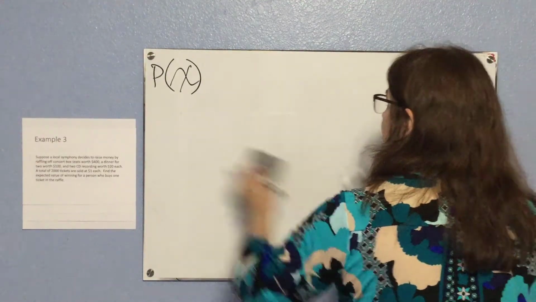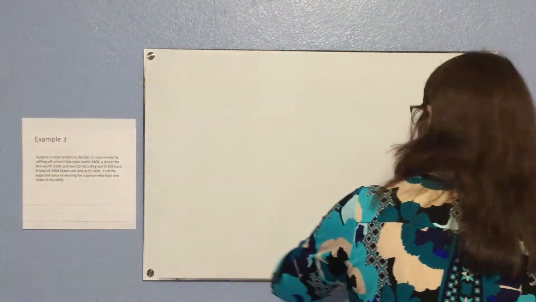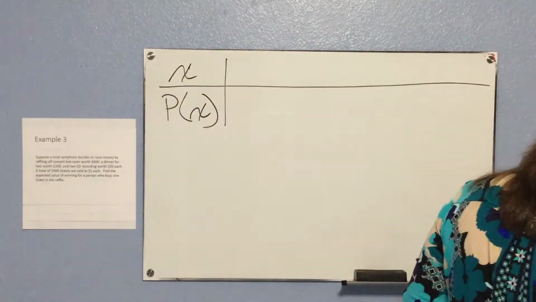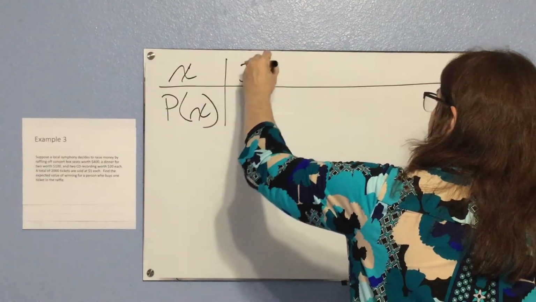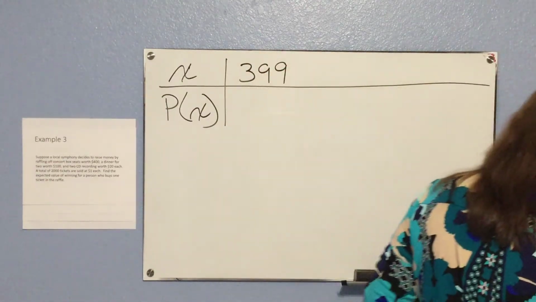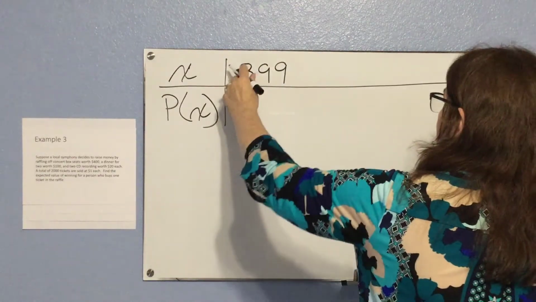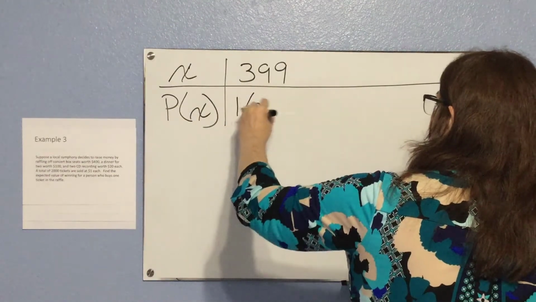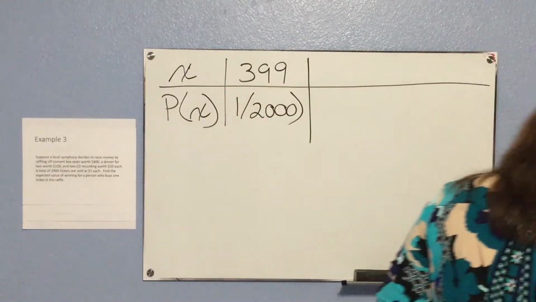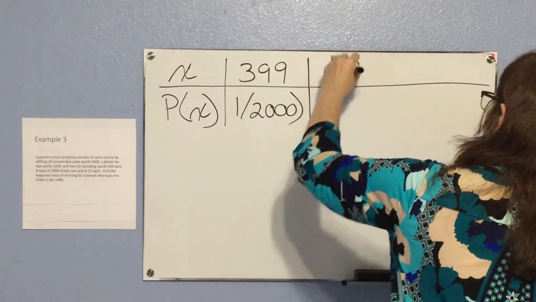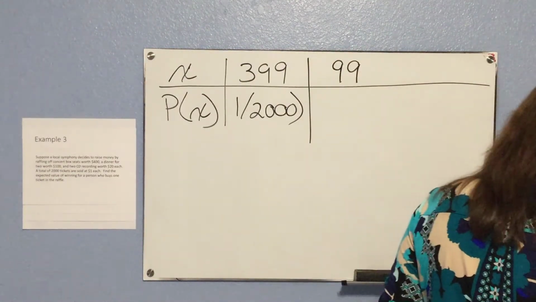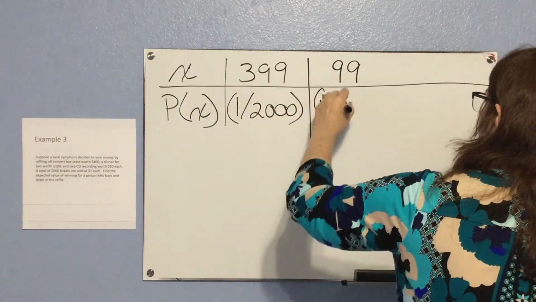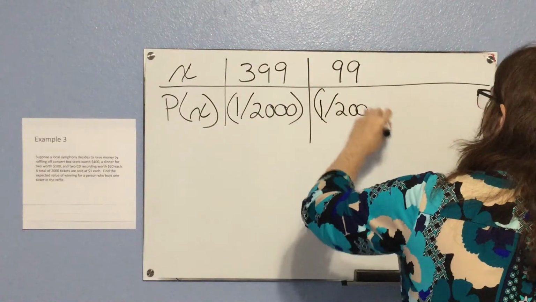So the net winnings of each prize times their probability will give us an expected value. So let's make a table here. Put X on top and then P of X. Okay, for the box seat, $399, and there's a 1 in 2,000 chance of getting that. The dinner for two, net winnings of $99, and again there was only one of those available, so 1 in 2,000.